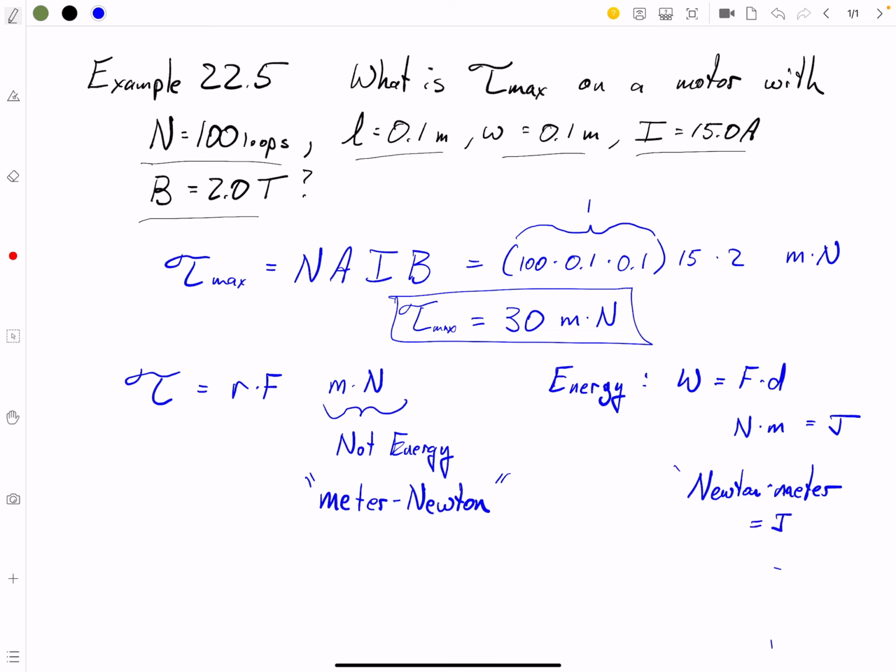Okay, so meter newton, newton meter. Similar, very similar things, but torque is not energy. It's a measurement that is not energy. Okay.